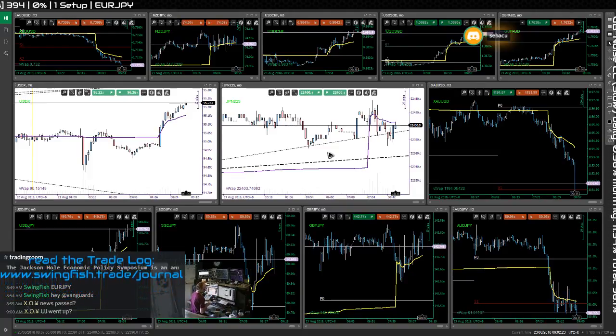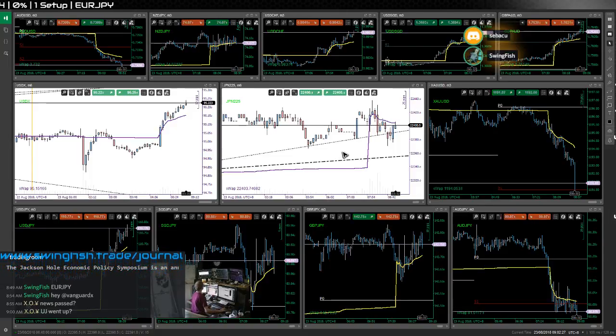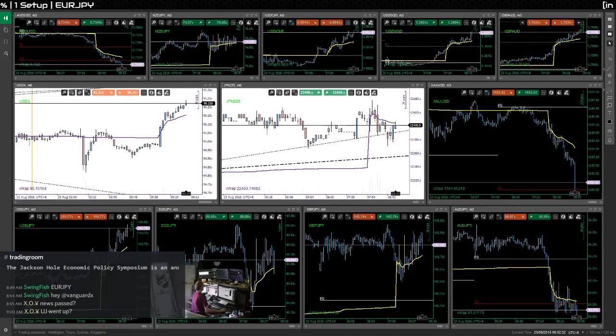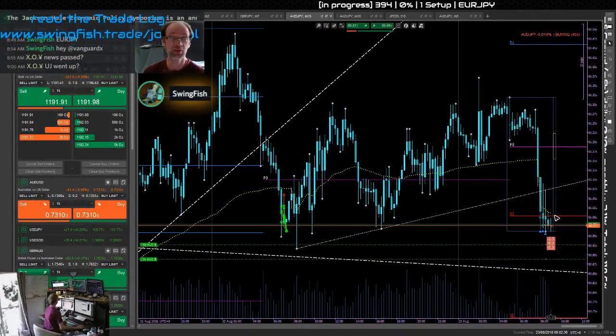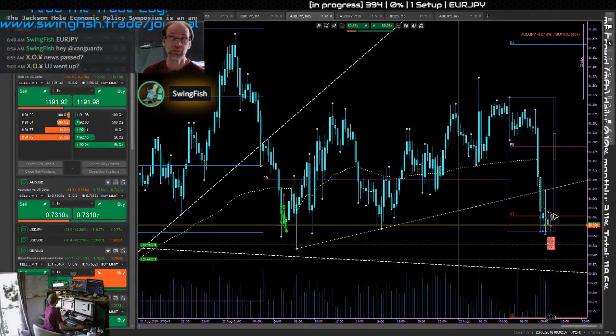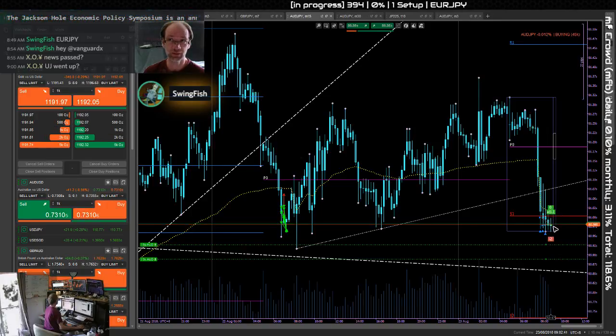But dollar still didn't break the support. Yeah, but it's crawling slowly up. Resistance, sorry. And if you look Aussie yen now as example, you see the dollar going slowly up. There is a lot more buying power on Aussie yen, but the Aussie yen goes down.